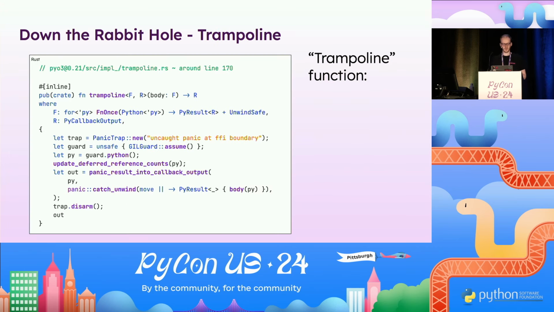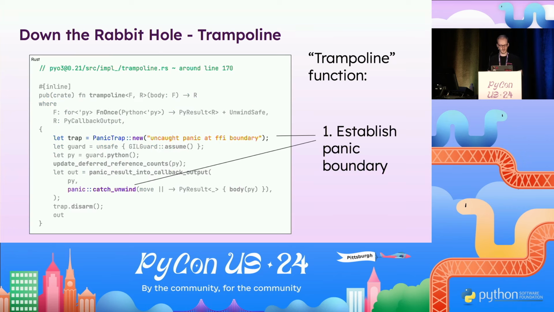And so this is what the implementation of that trampoline looks like in PyO3. And it's got those pieces that we just spoke about. First, we established the boundary so that the panic can't cross back out into the Python interpreter. And there's two defenses that we place. We lay this thing called a panic trap. And it behaves like a context manager in Python.